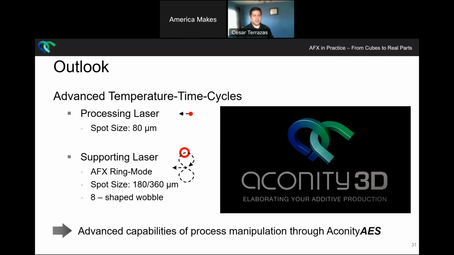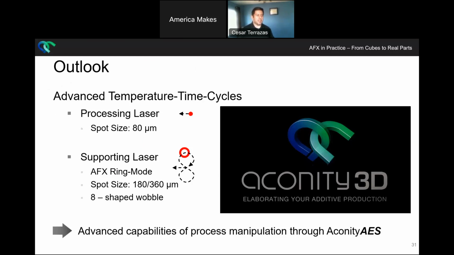Again, as I mentioned, there's definitely an outlook as to what to look for in the future. One of the things that Aconity offers is the ability to use multi-laser systems, starting with our Aconity MIDI and transitioning into the Aconity MIDI Plus, the Aconity 2. These systems can employ multiple lasers in synchrony, right?